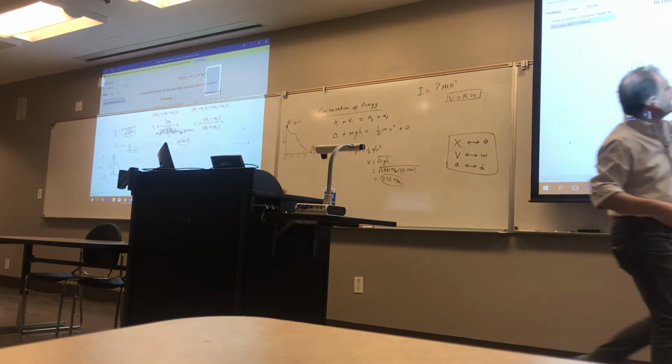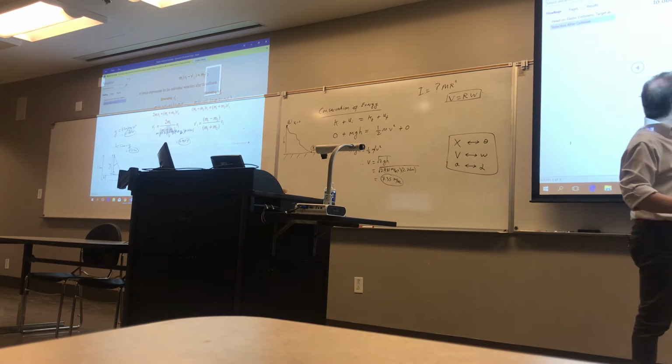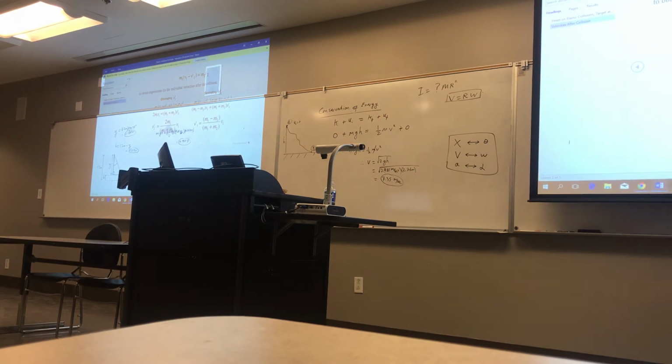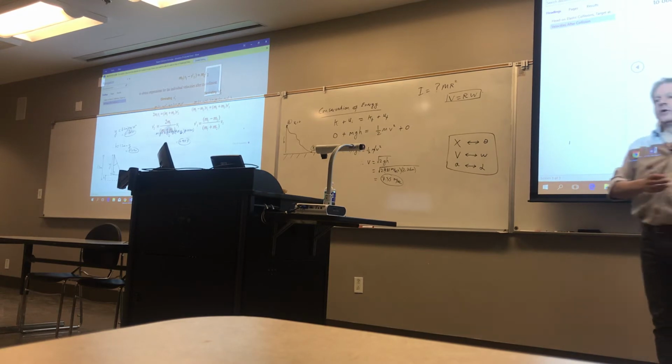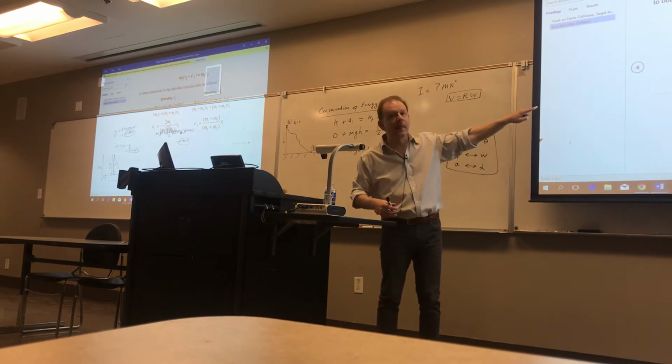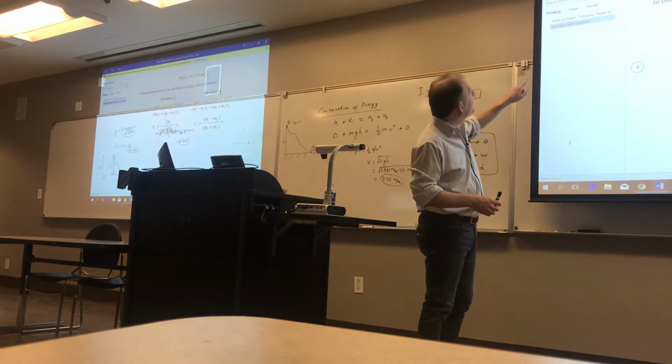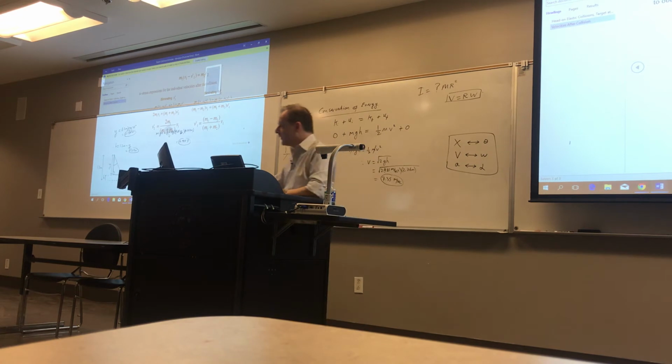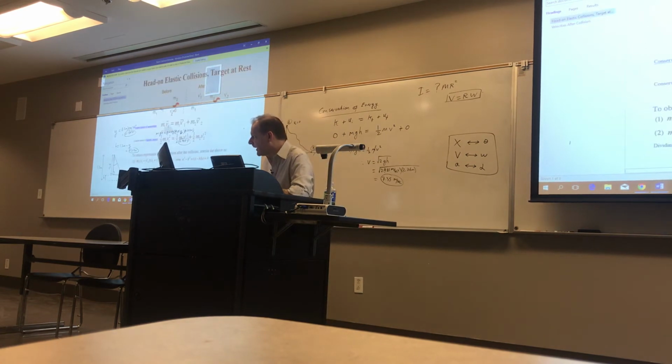This is the final velocity of m1, and this is the final velocity of m2. See how this one could be negative, depending on whether m1 is less than m2. I'll give those to you, but it's really important that you appreciate that these are only for elastic collisions.